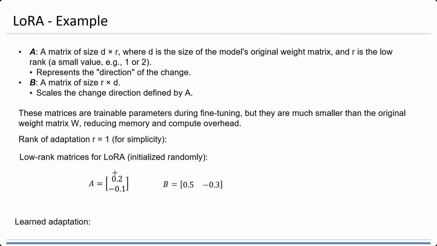If you look at this one, this is a matrix of 2 multiplied by 1, and this is a matrix of 1 multiplied by 2. And before, we have the weight, which is 2 multiplied by 2. So we can generate this one randomly.